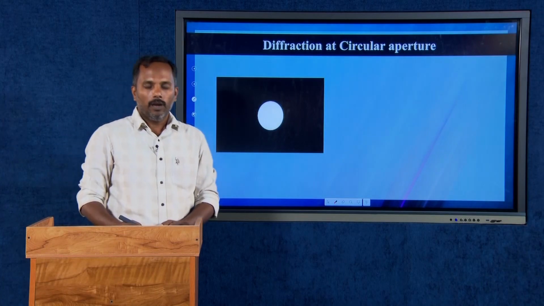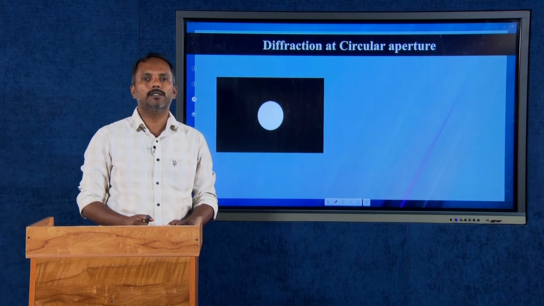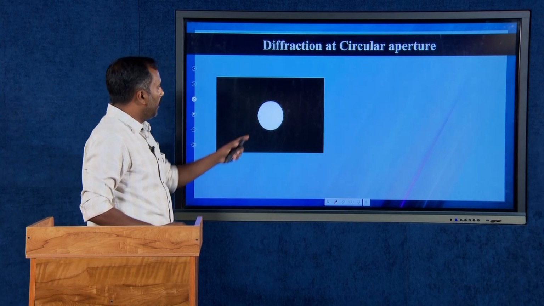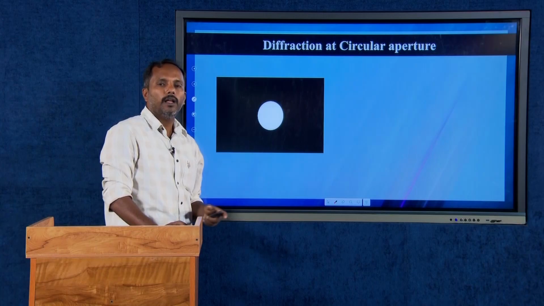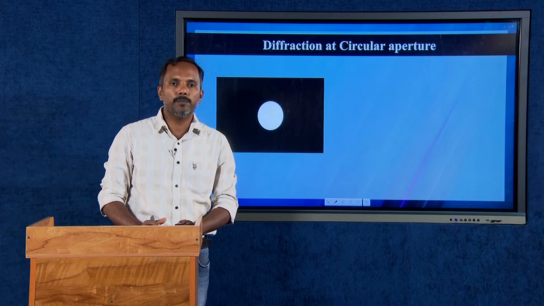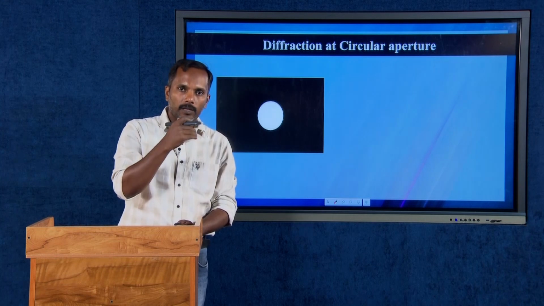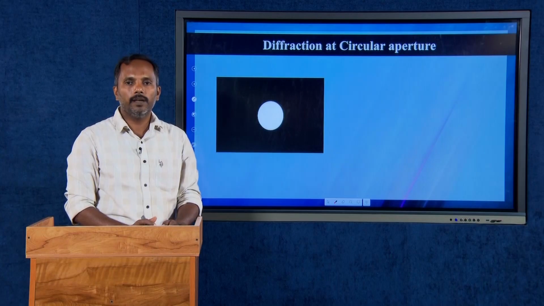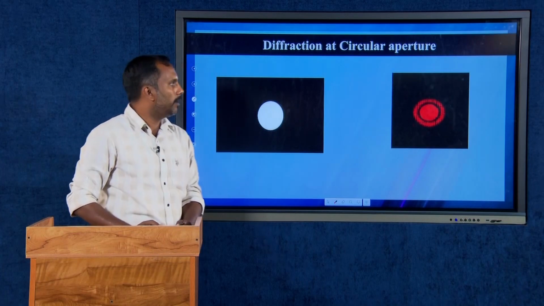Well, now we will move to the diffraction at a circular aperture. Suppose there is a circular aperture, a small circular hole through which the light is passing, and when it is passing through this hole and falling on a screen, then we can observe a pattern like this.